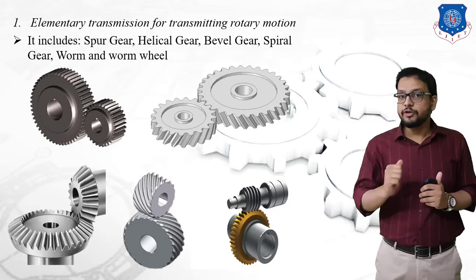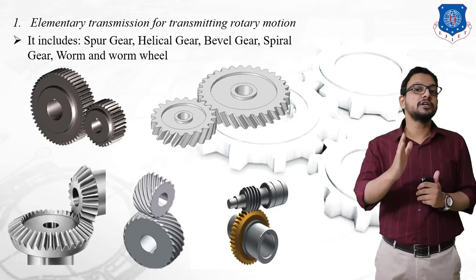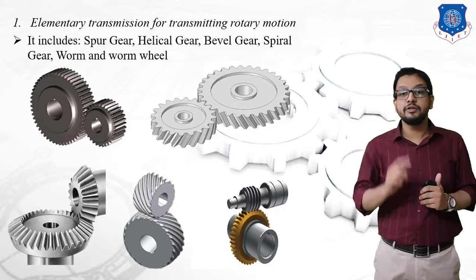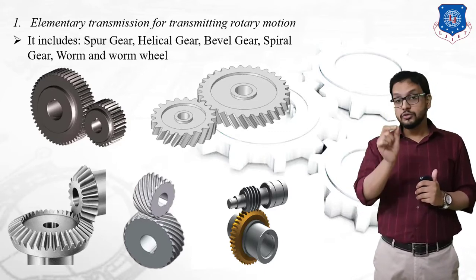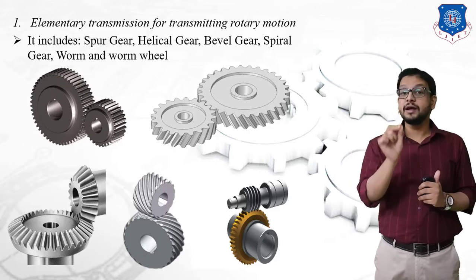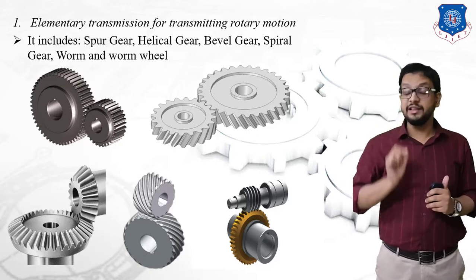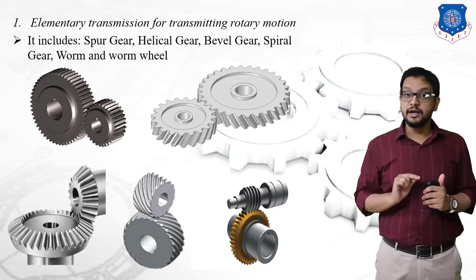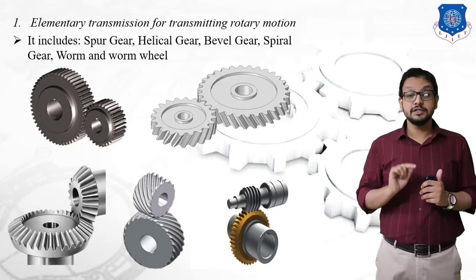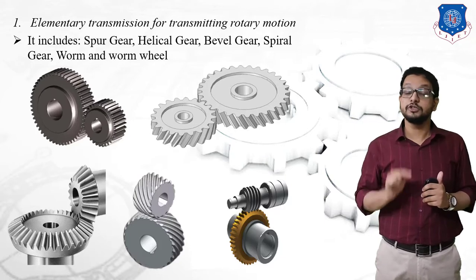This type of gear is used when a high speed reduction is required, for example in a thread cutting operation. In that case, the worm will be connected to our electric motor, and the worm gear will be connected to our thread, that is, the lead screw of our machine tool.